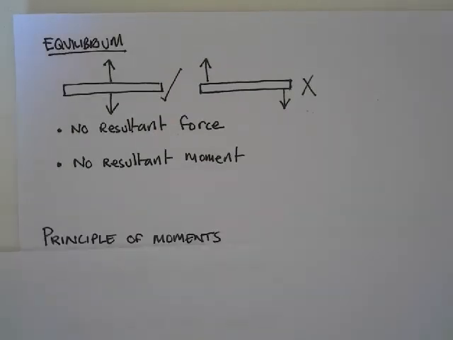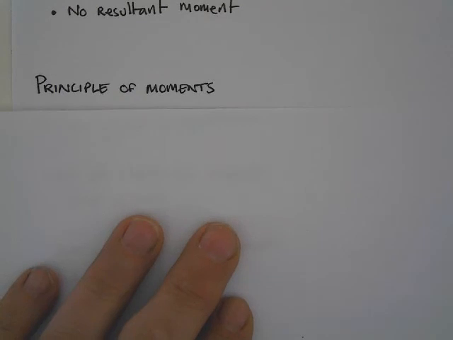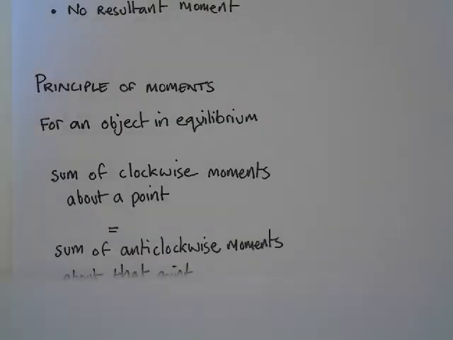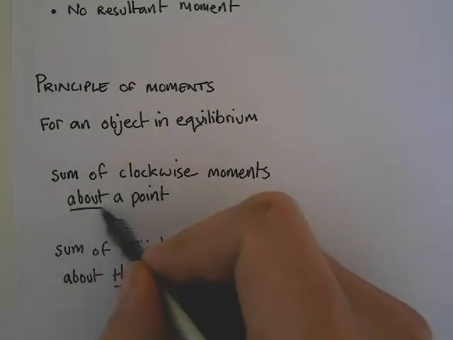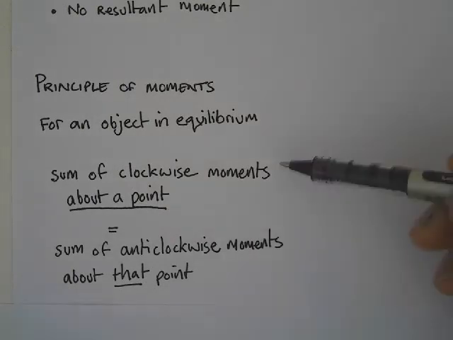Okay, right. Pretty much everything else you'll do with moments will be to do with the principle of moments. There's the principle of moments. And the principle of moments simply states, for an object in equilibrium, the sum of the clockwise moments about a point, and that's something that's included in mark schemes and often underlined, equals the sum of anti-clockwise moments about that same point.